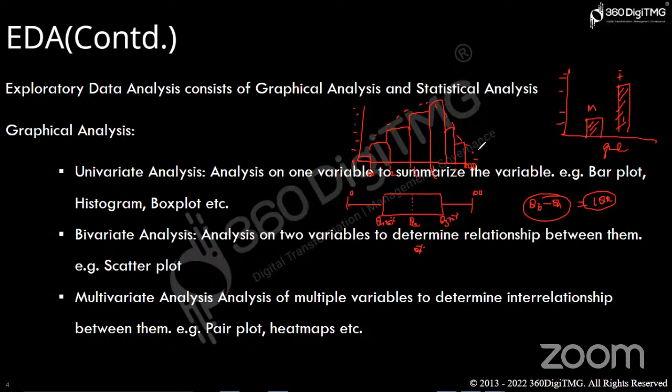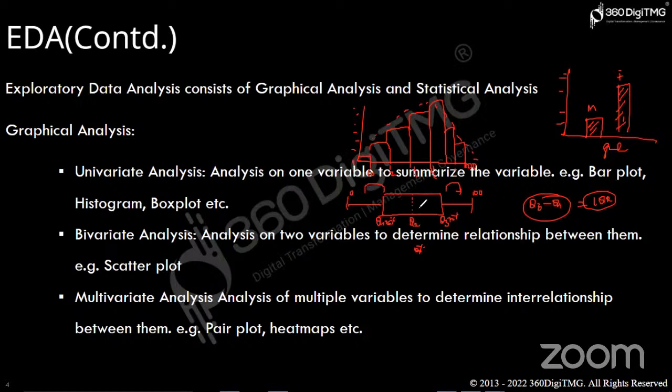The outliers could be at the lower end as well as at the upper end. When I plot the box plot, it calculates these values and gives me any outliers in it.